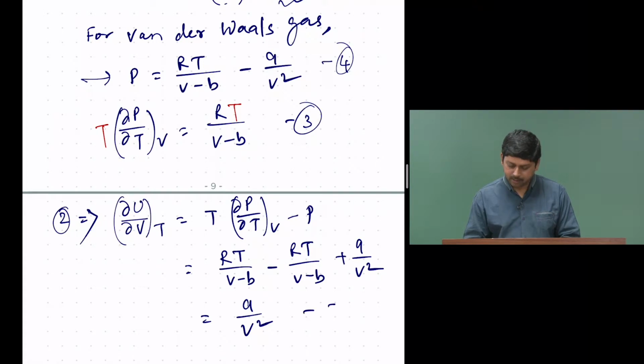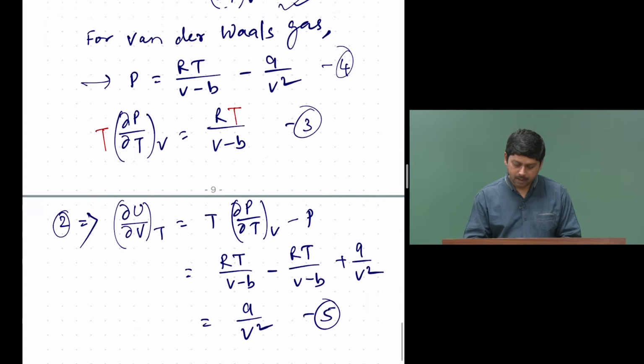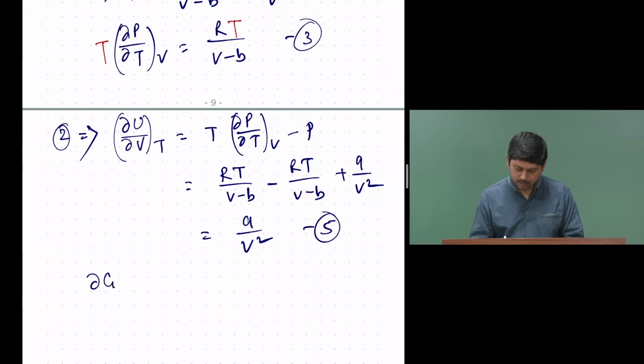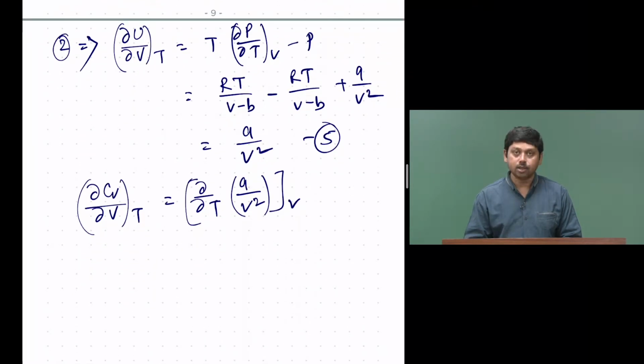So, we got that as equation 5. Now we go back to equation 1 and we write del C V by del V at a constant T is del T of A by V square at a constant V. Since it does not depend on temperature, it will be 0.